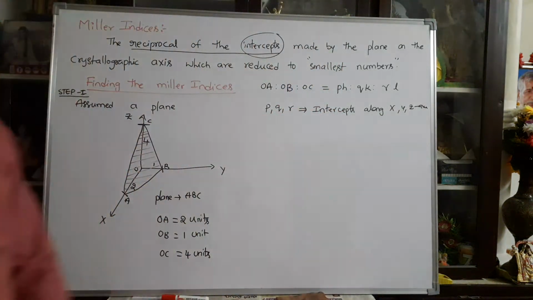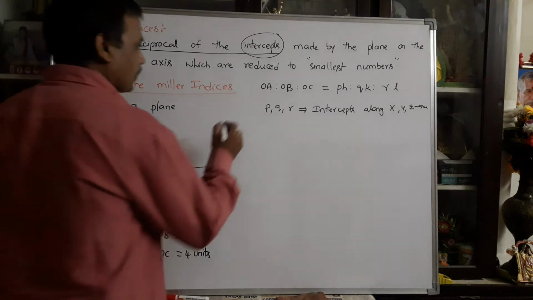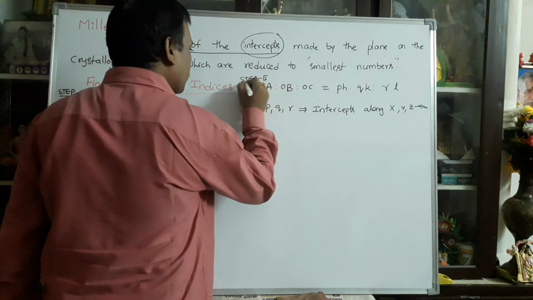P, Q, R are called the intercepts along the x, y, z axes. That can be taken as step number 2.